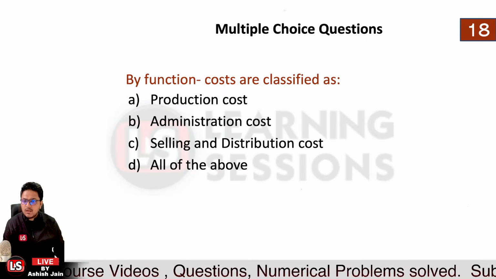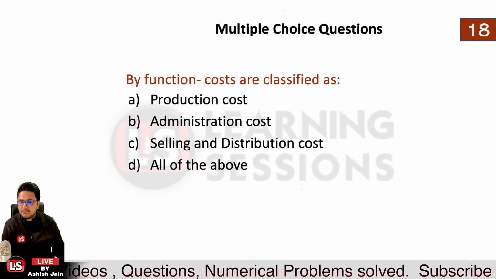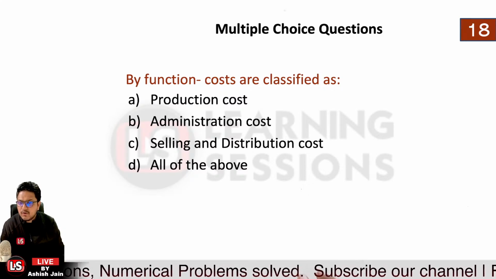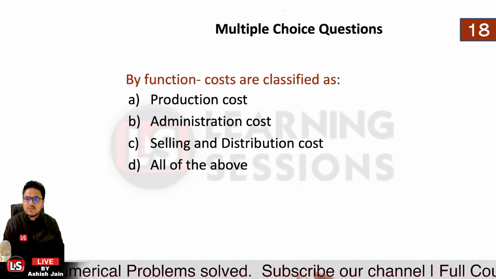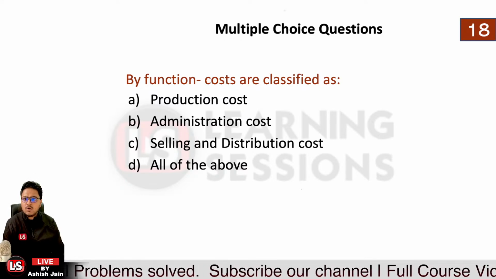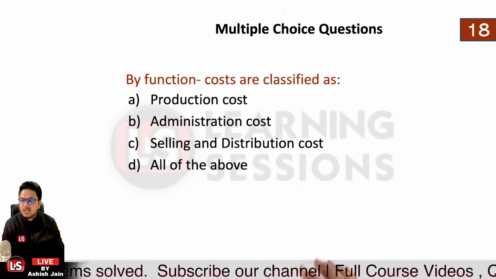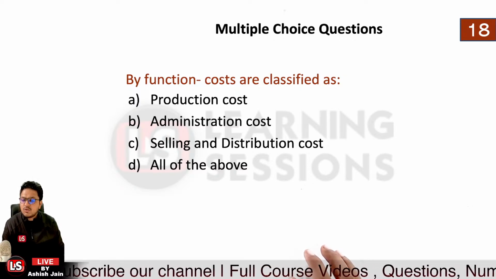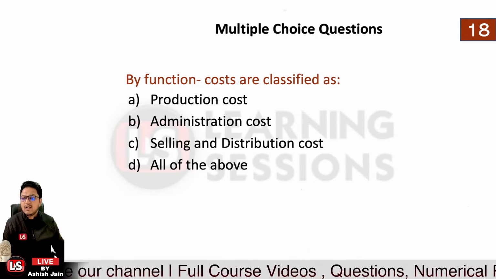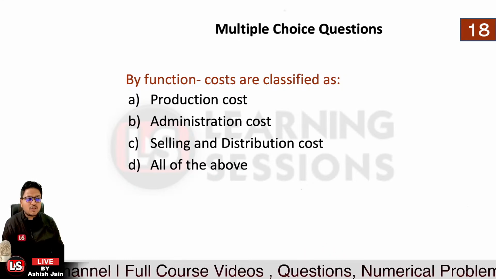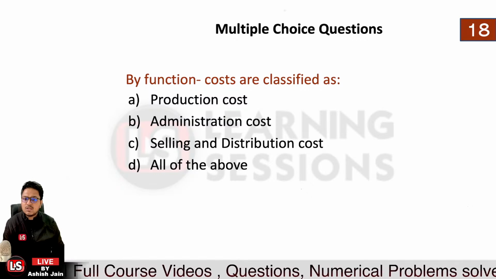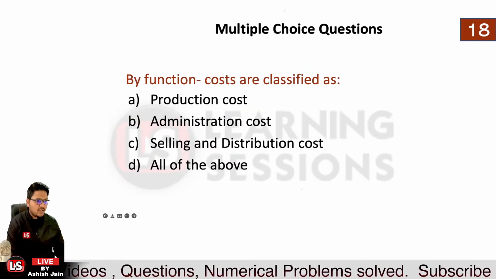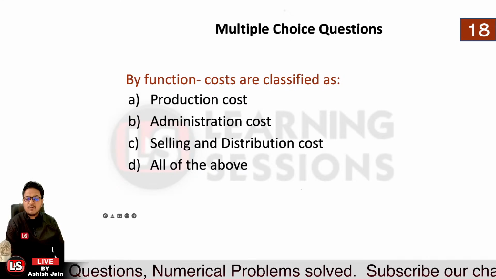If you look at the function classification of the cost, it was related to manufacturing cost, administration cost, selling and distribution cost, and also the R&D cost was there. Pre-production cost was there. We have already learned about those. So option D over here would be the right answer for question number 18.